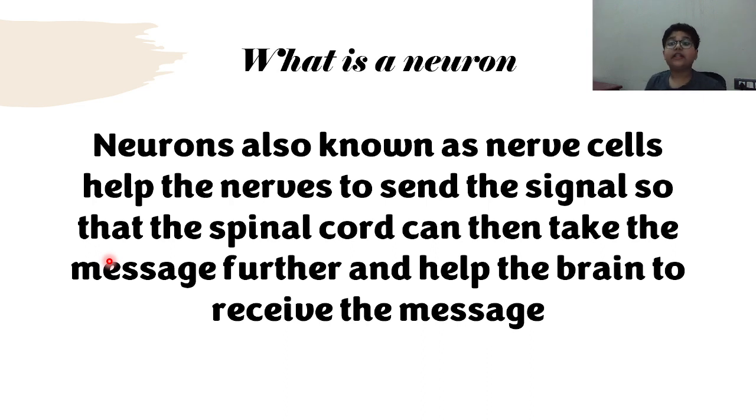Neurons are nerve cells which help the nerves to send the signal to the spinal cord. Got it? What is a neuron? Nerve cells help the nerves to send the signal. That's why the neuron is very, very important, without which the nerve is pretty much not a nerve. Got it? So now let's move on.